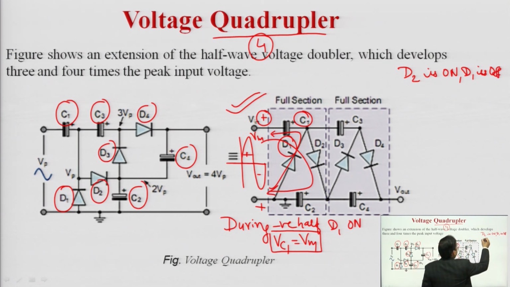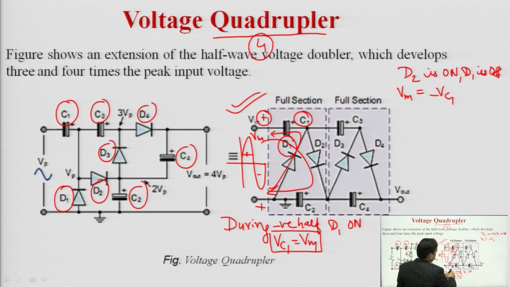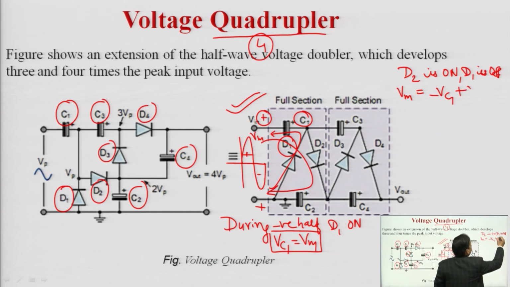We have Vm equals, during the positive half, this is the flow of current, minus Vc1 plus Vc2. So, Vc2 comes out to be Vm plus Vc1.